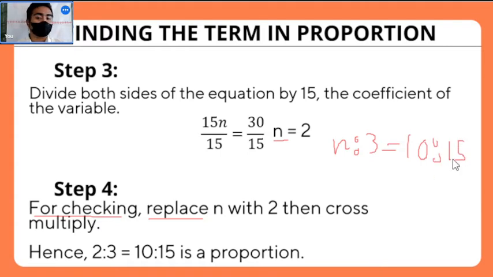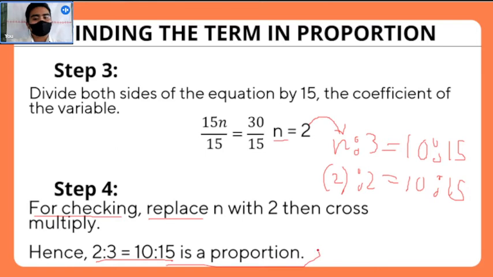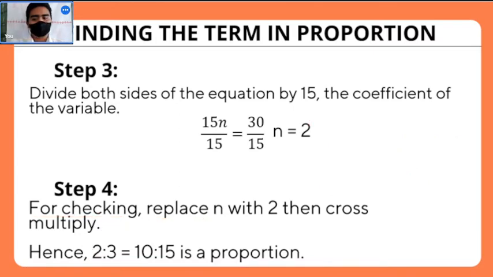That is the given in the first place. So we replace n with 2, because the value of n is 2. Now it will be 2 is to 3 is equal to 10 is to 15. Just like this one, we could say that it is a proportion. Now we could have already the value of this proportion.